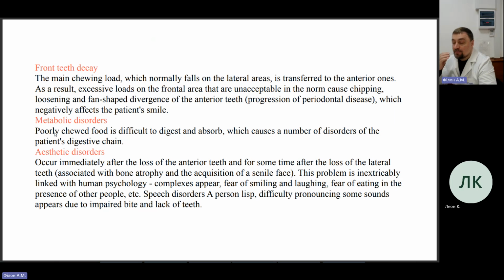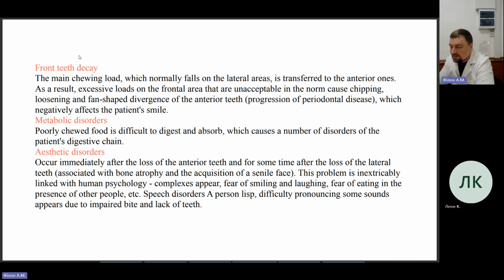Imagine, loss of the molars and premolars can make front teeth decay. The main chewing load, which normally falls to the lateral areas, is shifted to the anterior ones. No molars anymore, and patients start to bite with the front group of teeth, making a lot of pressure on that area, and the front teeth start to move.